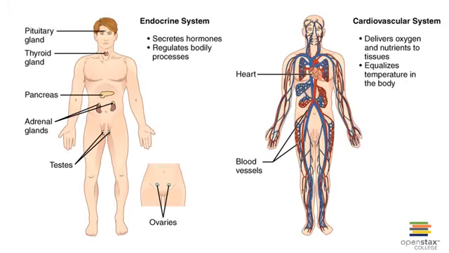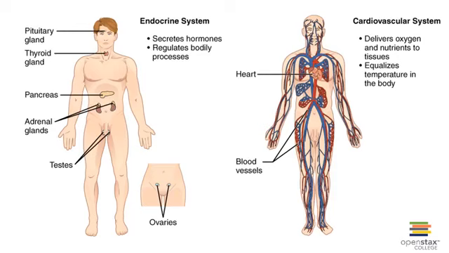The endocrine system is composed of hormone-secreting glands like your thyroid gland, pituitary, adrenal, pancreas, pineal, and others. And the endocrine system functions to secrete hormones that direct long-term changes in the activities of other organ systems.